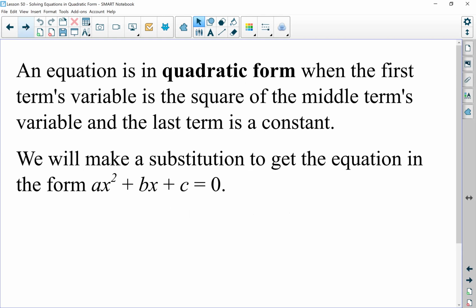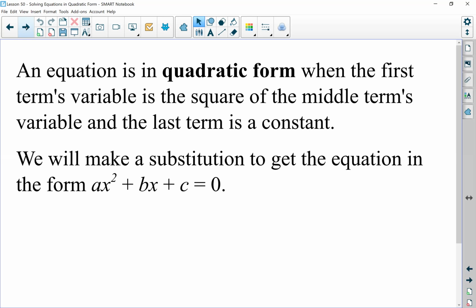And the last term is going to be a constant. So what we will do is we will make a substitution to get the equation in the form ax squared plus bx plus c equals 0. And then we can solve either by factoring or use the quadratic formula, the square root method, any of those methods we used in lesson 48.